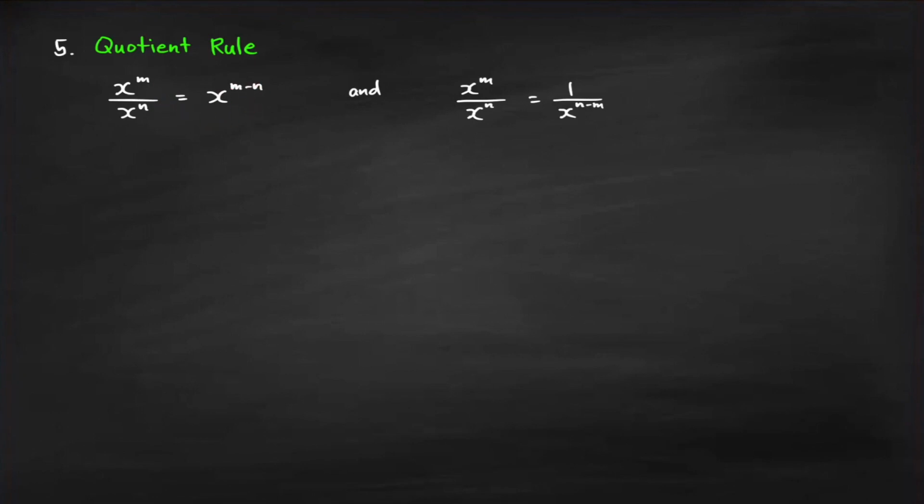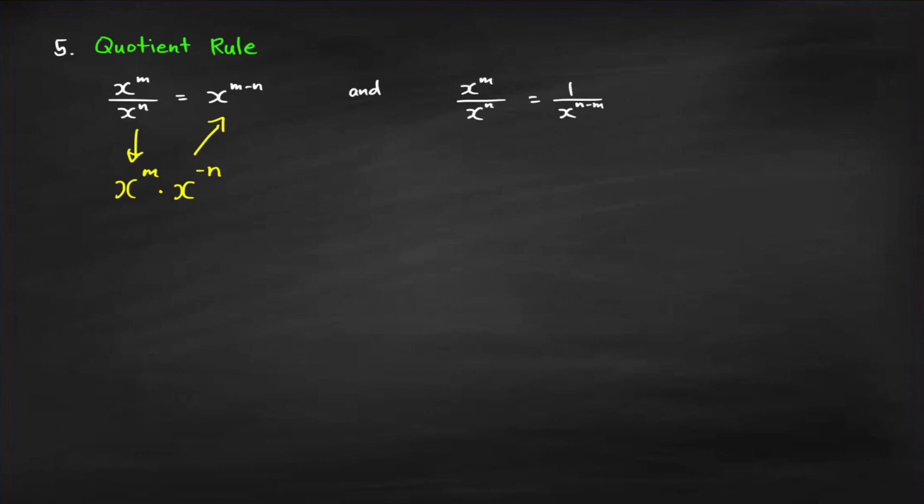So note that we can also think of this x to the m over x to the n as x to the m. Moving x to the n to the numerator, we have to change the sign of the power, so x to the negative n. And by writing it in this way, we can apply the product rule because we're multiplying two expressions with the same base.